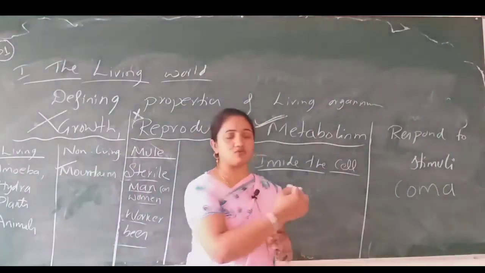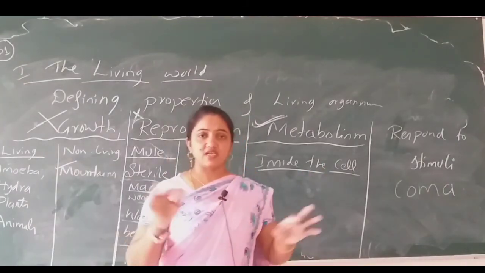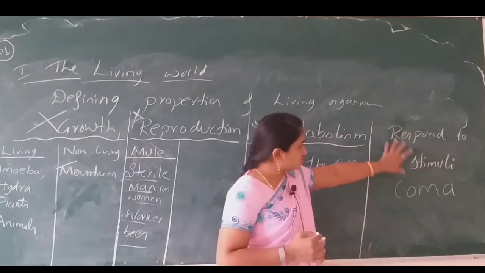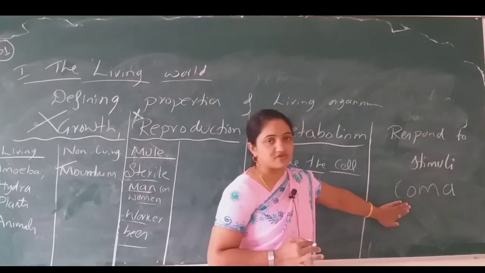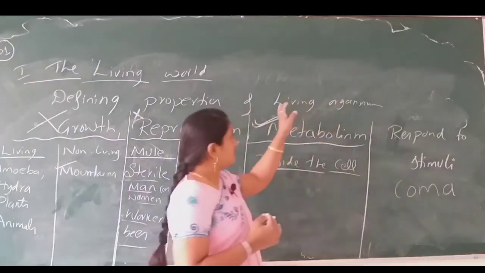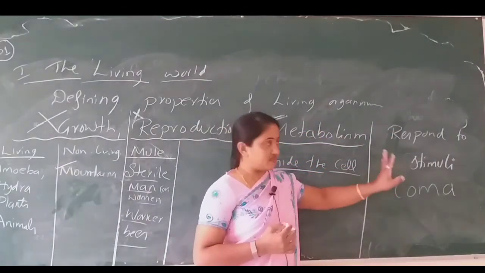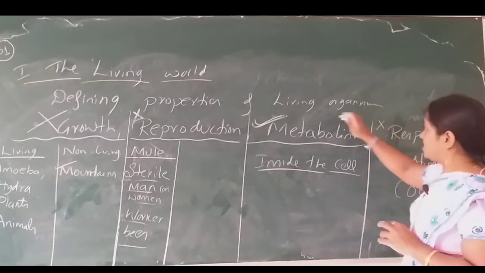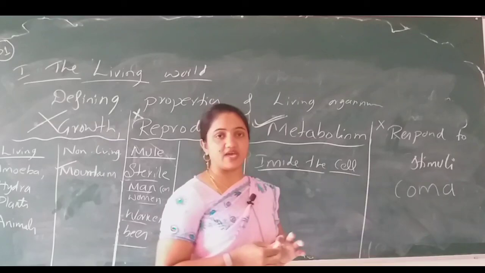Whoever is going around him, whatever is happening to his body, nothing he can respond to. So the response to stimuli is not taking place in the coma person. The person comes under living organisms, but he cannot respond. That's why we cannot put this property under defining properties of living organisms.